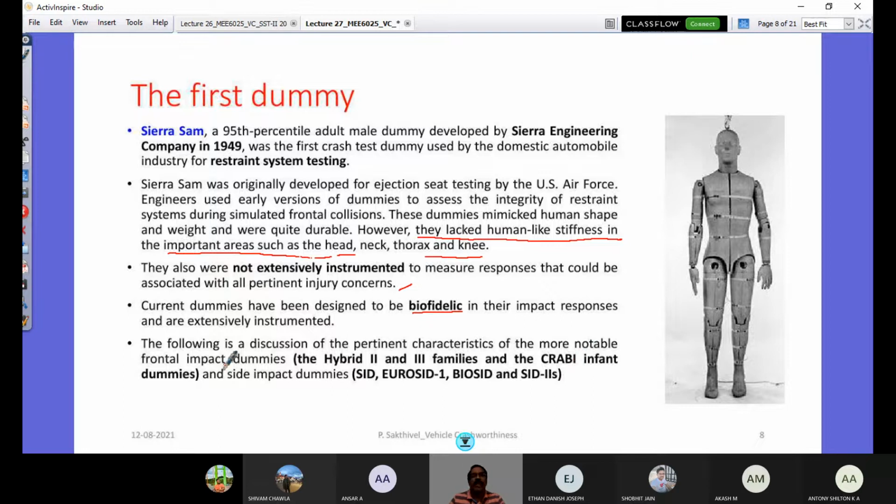In fact, there are infant dummies and side impact dummies, SID, and then they have EuroSID 1 and BioSID, or SID 2. These are all some of the family group names, and also something called THOR. Euro norm dummies are there. THOR is the test device for human occupant restraint, as these dummies are called.